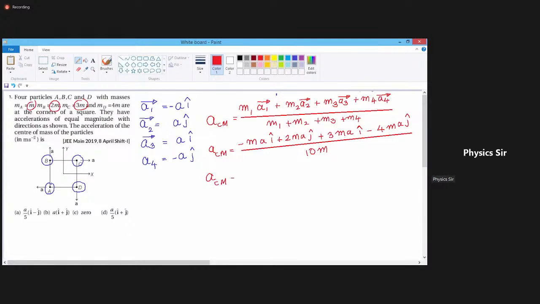Therefore, the acceleration of the center of mass is minus mA I cap plus 3mA I cap, so this will be 2A I cap. This is 2mA j cap, this is minus 4mA j cap, so this will be minus 2mA j cap.